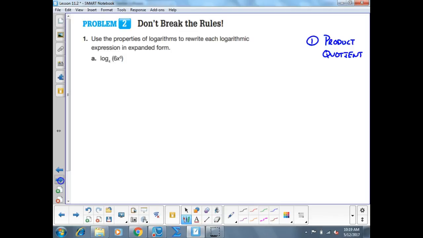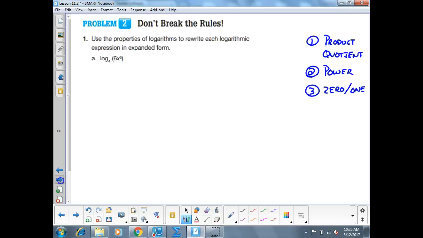Then you apply your power property. Then, if necessary, you apply your 0 or your 1 property. You probably won't have to apply the 0 property ever when you're expanding and contracting, because very rarely do we write plus 0. But I'll put it on there because it's one of our 5 properties.